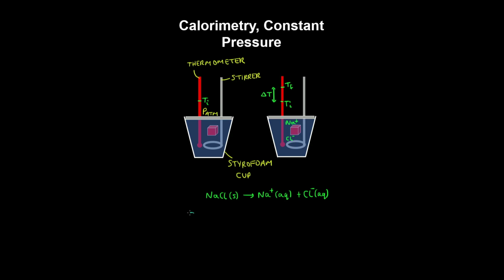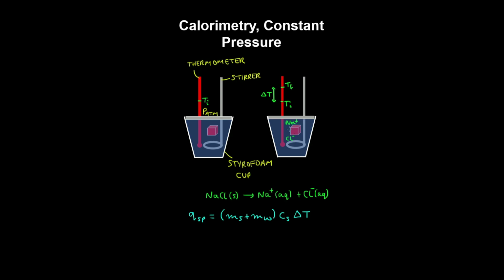And the heat absorbed by the solution at constant pressure is equal to the mass of the solid plus the mass of the water, which now form the solution, multiplied by the specific heat of the solution, and multiplied by the change in temperature.